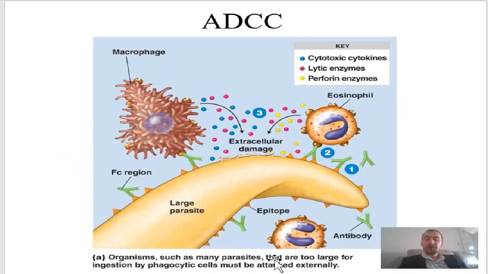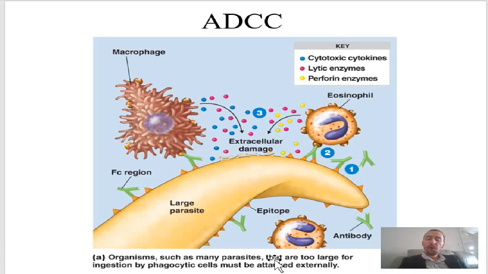Another important function of antibody or immunoglobulin is for parasitic infections. What happens is if we have a parasitic infection, the B cell will class switch to IgE. The IgE will then bind to Fc receptors on macrophages, mast cells, and eosinophils.